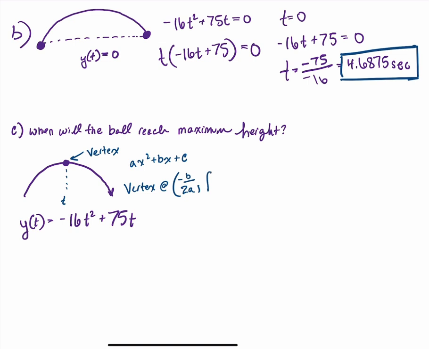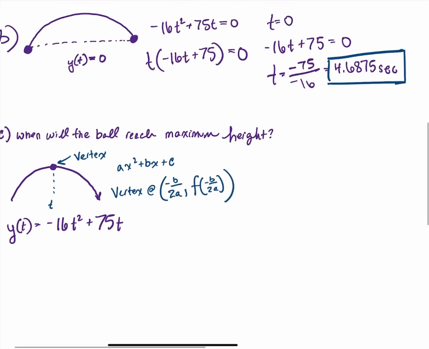So we can write that as f of negative b over 2a. That would give us the y position of our vertex. So our b value is 75 and a is negative 16. And this would be our t value that we're looking for. And then this would be y of t. So that would tell us the actual height that it reaches.